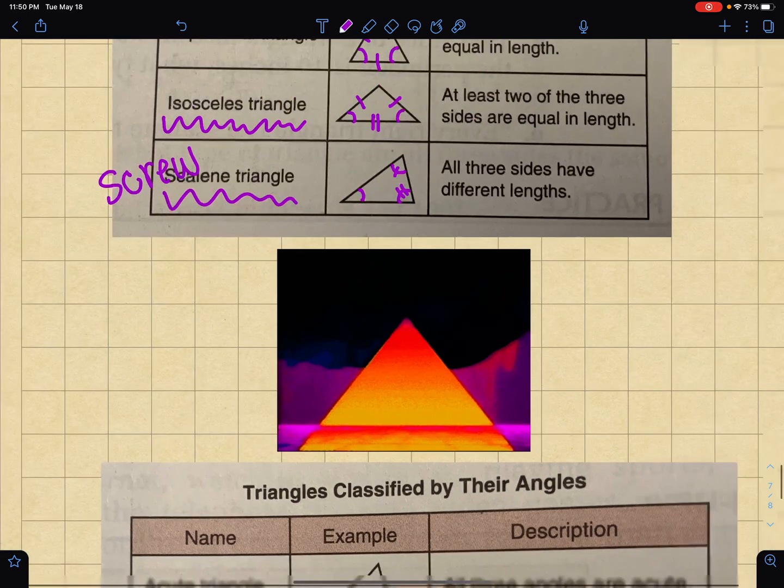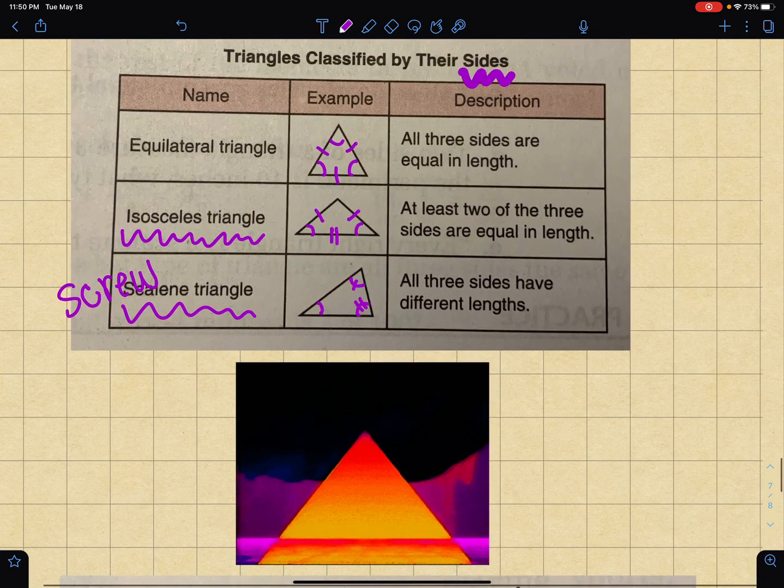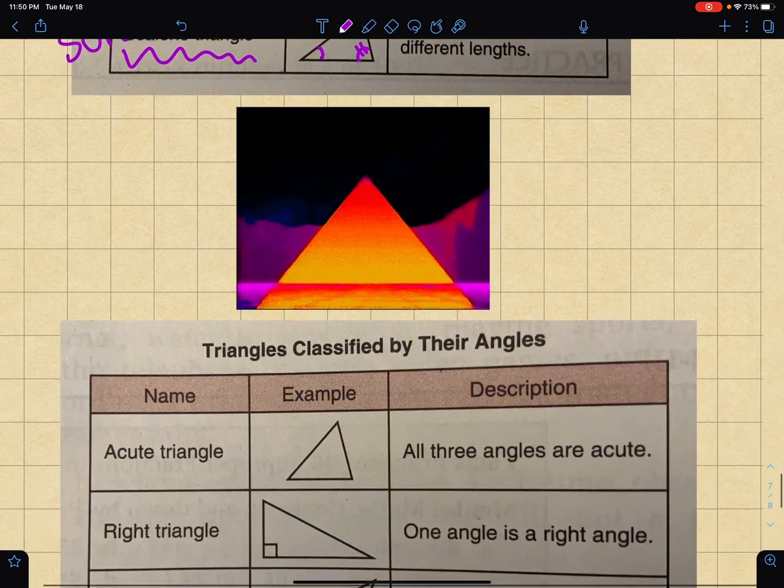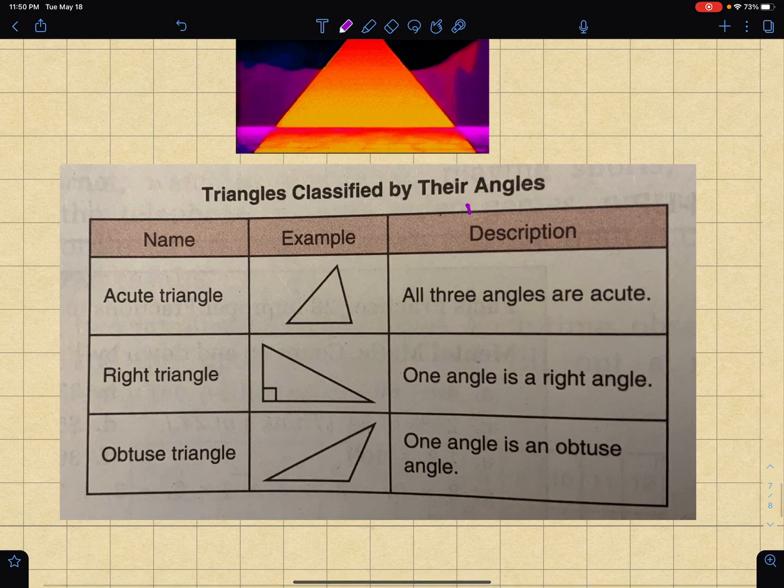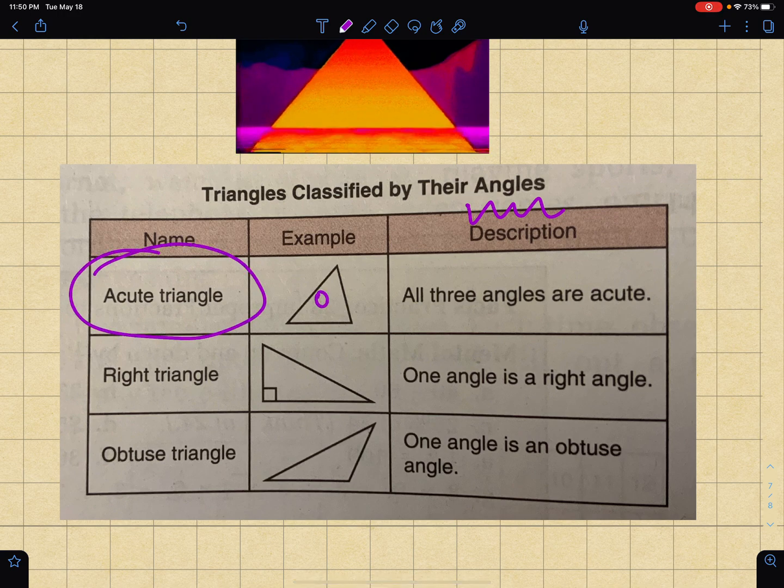All right. Now, triangles can also be classified according to their angles. So, what is this? An acute triangle. It's so cute. Not because it has cute eyes and a smile, but I guess that's kind of cute. I don't know.